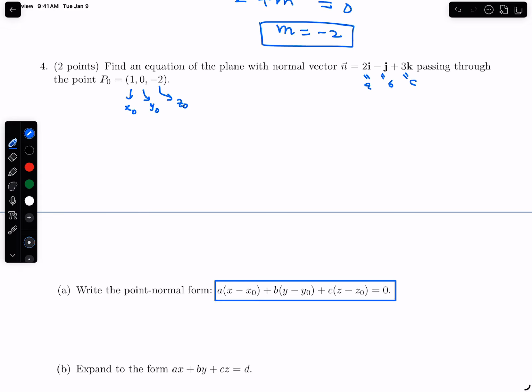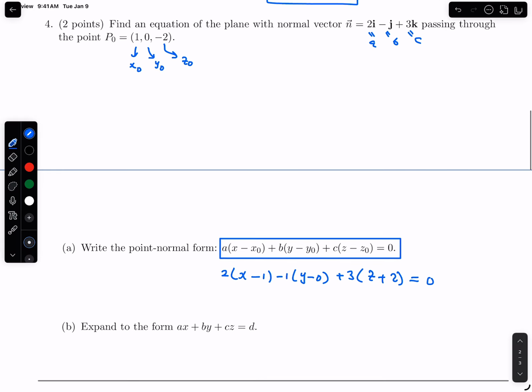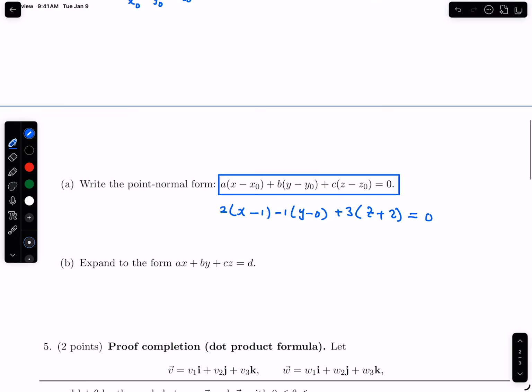So a is 2, x minus 1, b is negative 1, y minus 0, because that's y0, c is 3, z minus minus 2 should be plus 2 equals 0. So this is just the equation in point normal form.